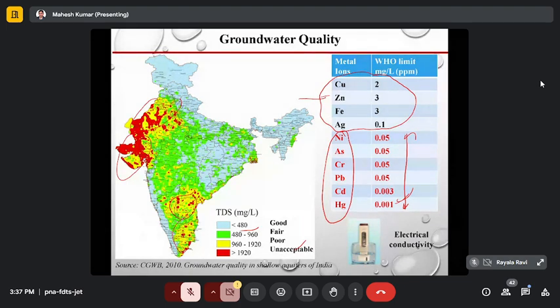Another difficulty is that we have to collect the water and can do the measurement only in the laboratory. If you want online monitoring, for example in a river or lake, to see how the concentration is increasing or decreasing, you cannot mount such a sensor.